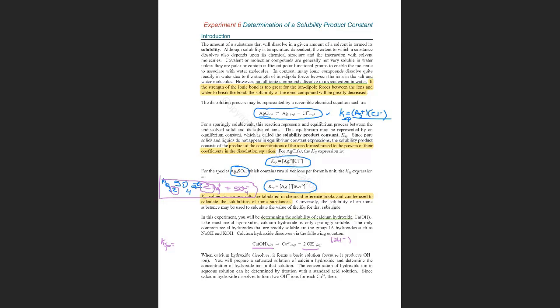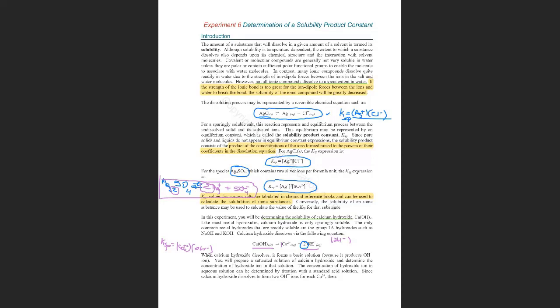Calcium has a coefficient of 1, so it's going to be the concentration of calcium 2+ times the concentration of hydroxide ions raised to what? I look at the coefficient of the hydroxide ions, and I see in the chemical equation a 2.